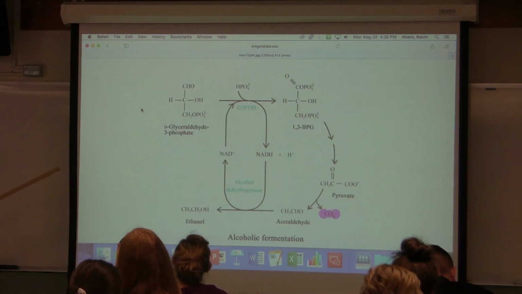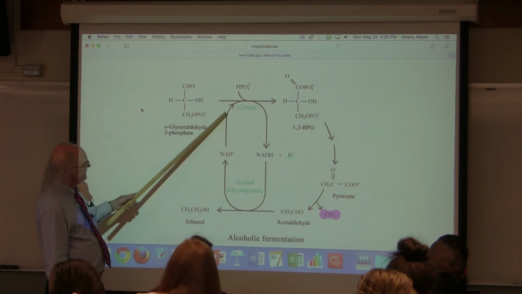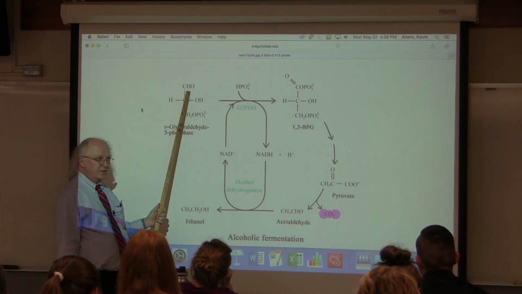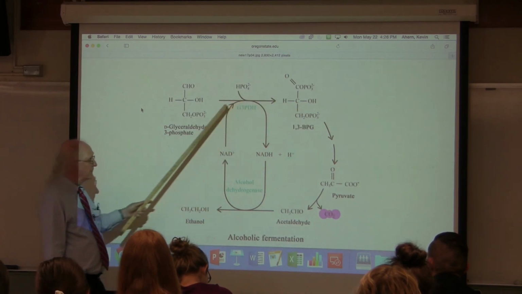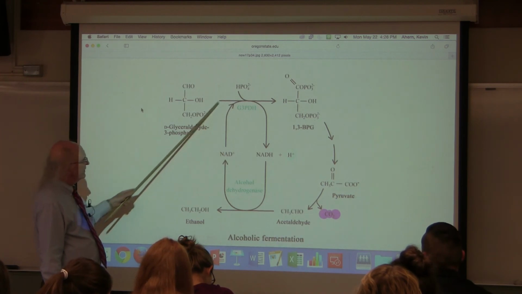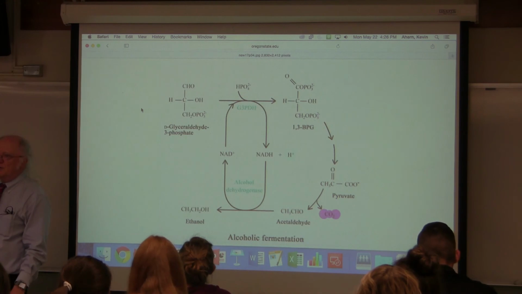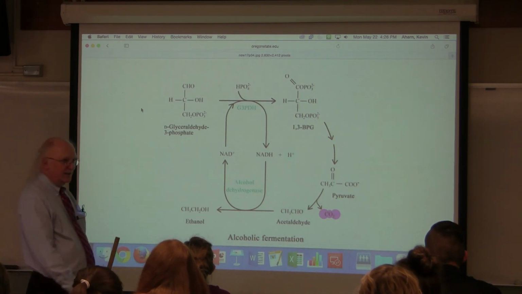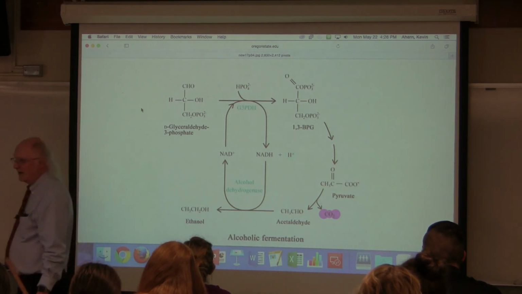Here's the glyceraldehyde 3-phosphate dehydrogenase reaction, and you see that NAD is needed for that reaction to go. This was the only oxidation in glycolysis. If the cell doesn't have a way of regenerating NAD, this reaction is going to stop. The cell's going to die. It won't be able to produce energy that it needs, especially when it needs it, because when it's running out of oxygen, it's usually because, in the case of a muscle cell, it's exercising pretty heavily.